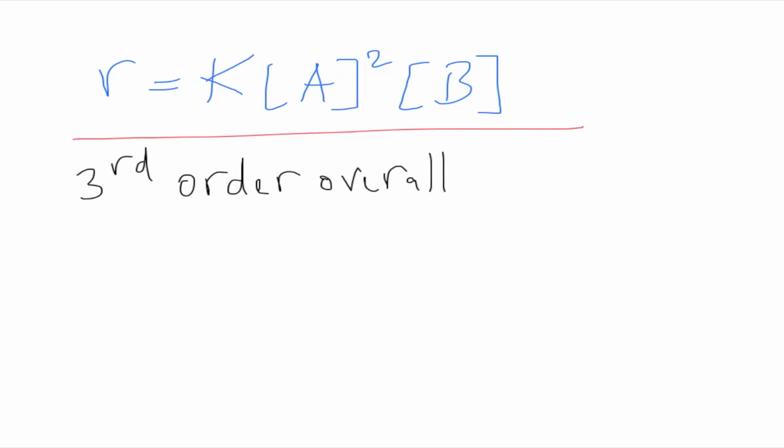Finally, to get the constant K, you simply use this rate law and plug in the values from the data. So let's use trial 1.